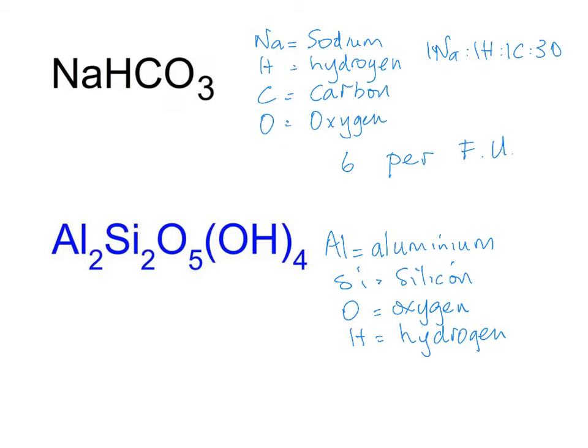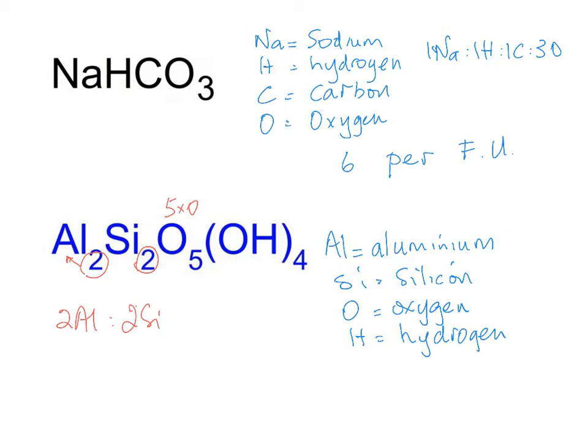So let's look at the numbers. This 2 here tells me about aluminium. So I've got 2Al. This 2 is to Si, so 2Si. Then I've got something here that's a bit of a worry, because I've got 5 times O here, and then I've got another O inside a bracket which has got 4 outside the bracket.